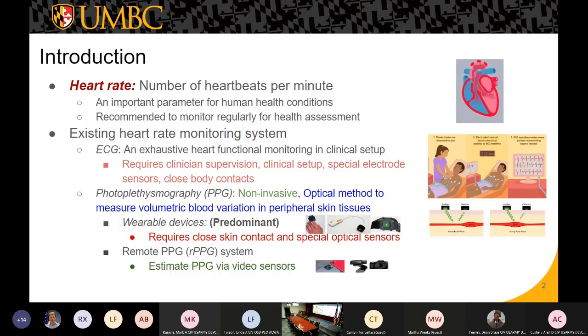The existing heart rate systems fall into broad categories. One is ECG. That's the most compelling heart rate device, where different leads are placed on your bare skin, and from that they get a thorough heart examination. However, the problem is imminent: you need to be in a clinical setup. So there is no way we should replace the ECG.